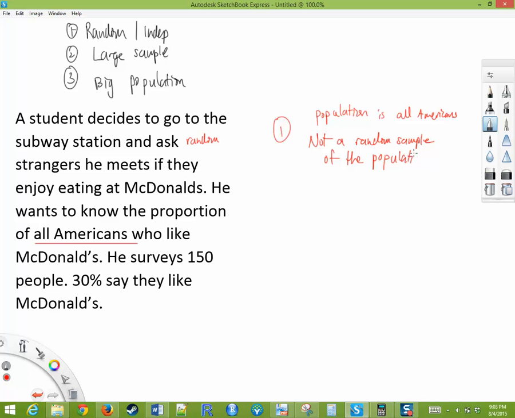He may even be able to manage a random sample from the subway, but that's not a random sample of all Americans, right? Because that's just going to be people in that city at best and people who ride the subway. So we're not going to get anybody who doesn't ride the subway.